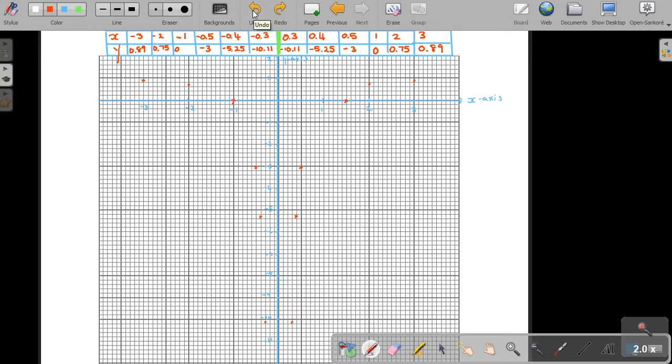The more accurate you draw this line, the more accurate will your answers be, reading from the graph. So it is very, but you can move your paper, I cannot do that. I wish I could have just reflected.